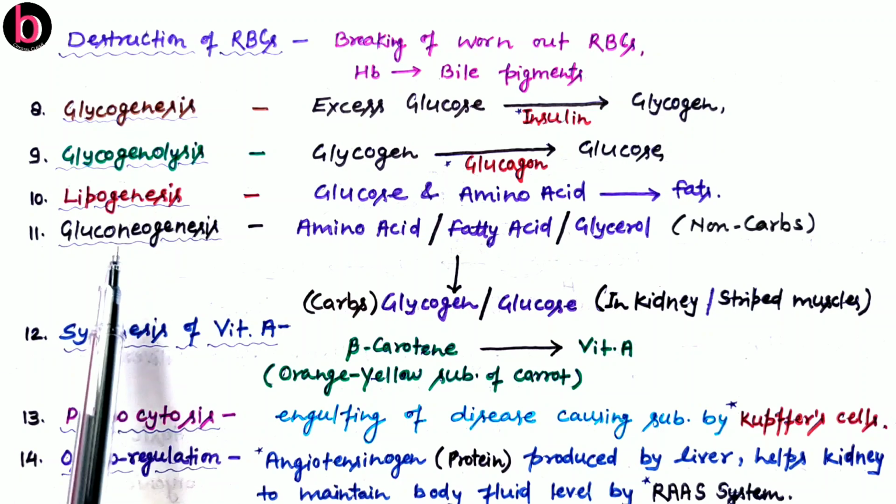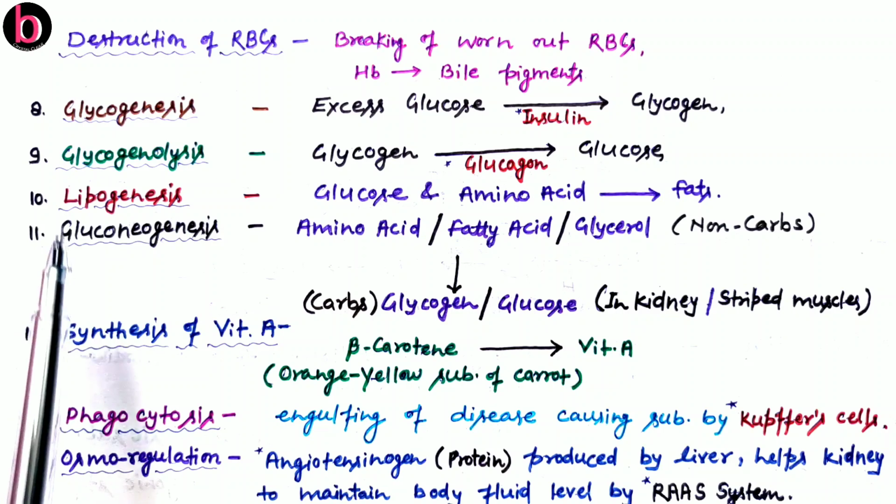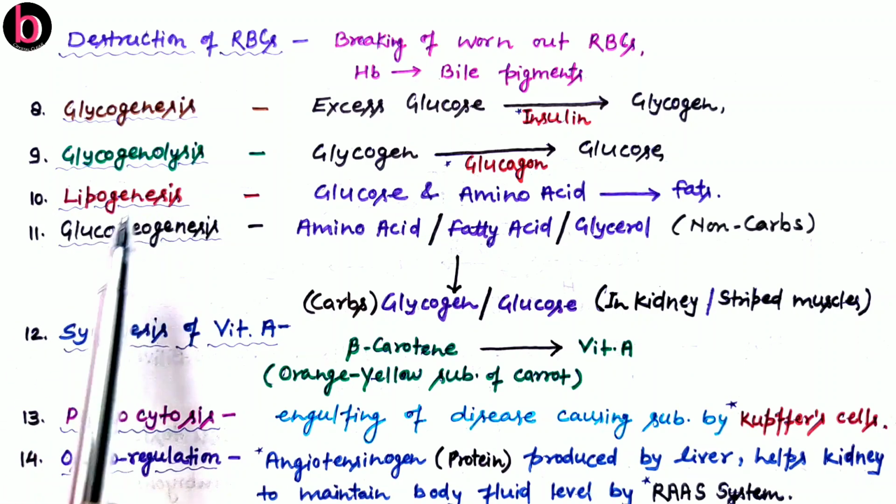The next one is about lipogenesis. This is lipo about lipid, genesis for synthesis. So liver also provides the site for formation of lipid or fat from glucose as well as amino acids. We will discuss the process when we discuss the chapter cellular respiration under plant physiology.